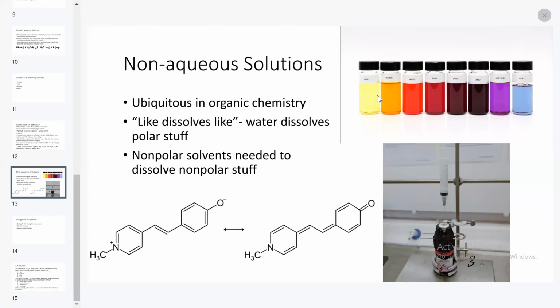As you can see, we have this transition from blue to yellow. On this side, we have our very polar solvents: water, acetic acid, and methanol. And here we have somewhat more nonpolar solvents: DCM, so dichloromethane, acetone, and dimethyl sulfoxide.